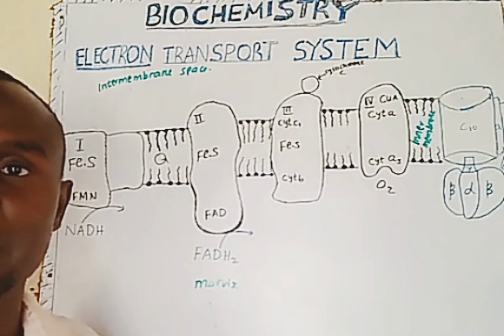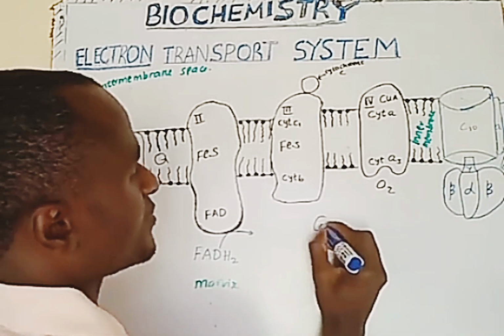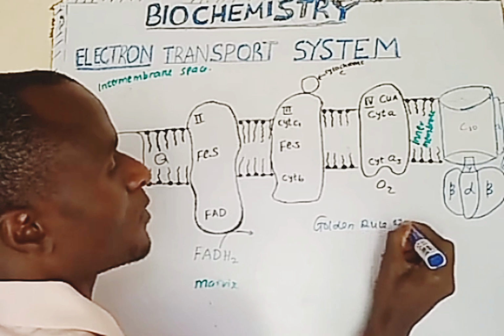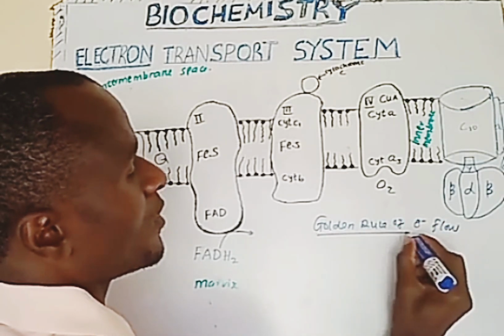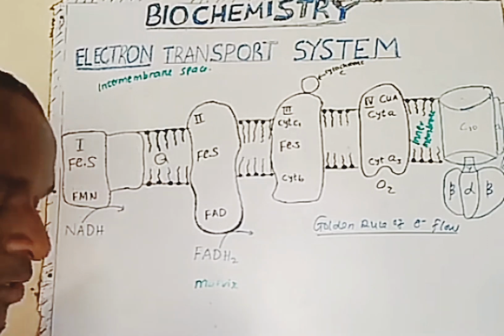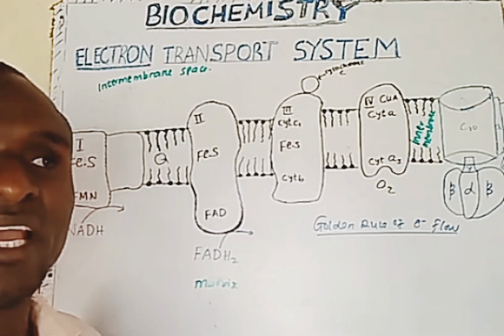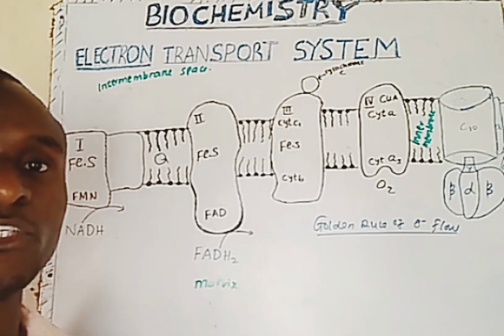At this point, you need to know the golden rule of electron flow. Electrons flow from a region of low reduction potential to a region of high reduction potential.